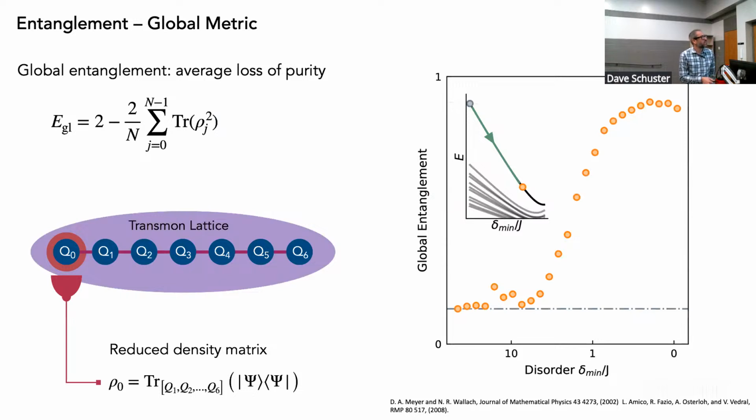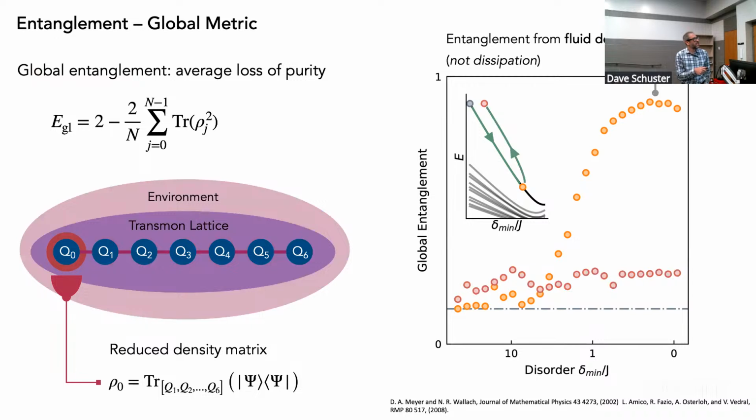This is a little bit related. You can also measure the entanglement of such a system. Let's say you have this lattice and you take a qubit and you move it down slowly and then pull it away. If you just have a qubit and it lasts for some amount of time, you'll have some amount of decoherence, or in this case mostly dephasing. It could be loss or dephasing.